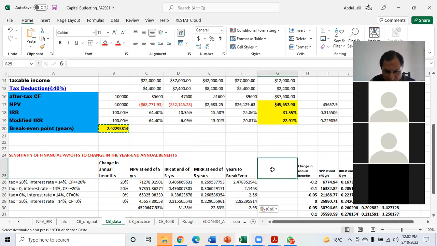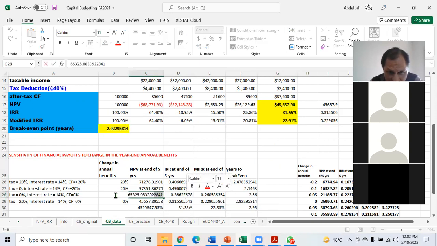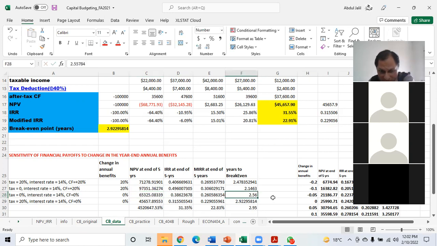Okay. Now, if you observe the scenario, what happens? Initially, there are no taxes, there is no cash flow increase, right? And you are enjoying this situation. You need only 2.5 years to reach the break-even point. Then only taxes have increased, so your time period has increased from 2.9. Your discount rate.